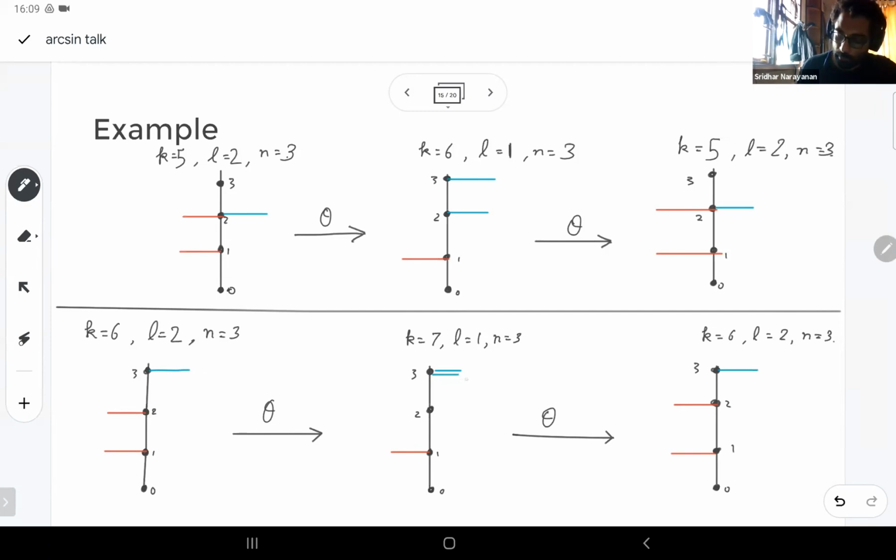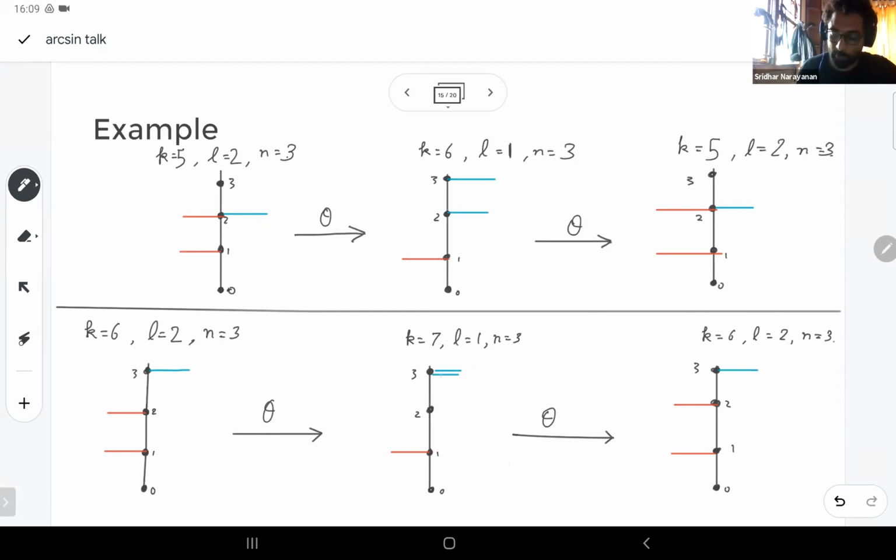Now let's again do the involution on this middle diagram. There are two largest blue pieces, right? So the largest piece is blue. If the largest piece is blue, that means we cannot push anything up, so we must push something down. So we try to push down the blue to the second level and change its color to red.